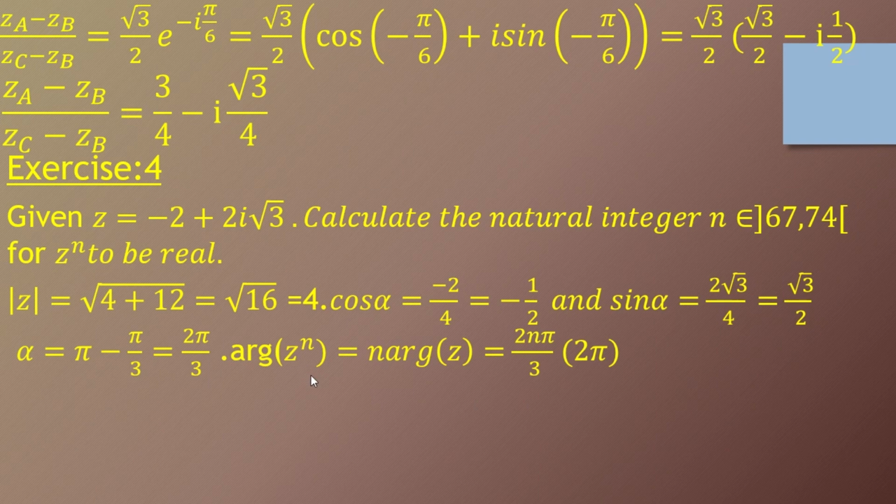For zn to be real, we should have 2n pi by 3 mod 2 pi equals k pi. This is a multiple of pi.